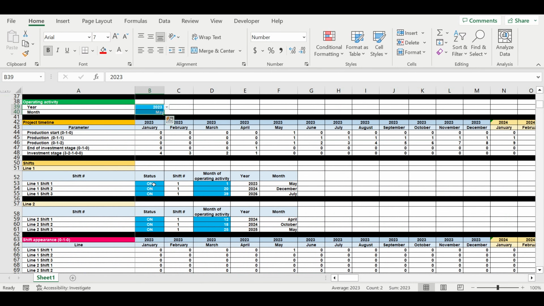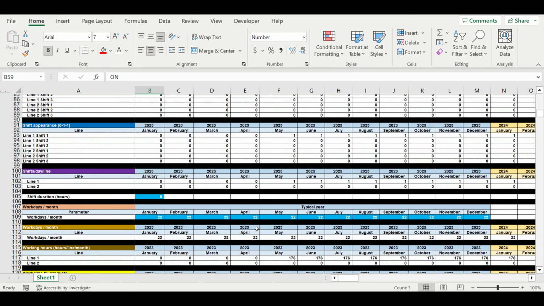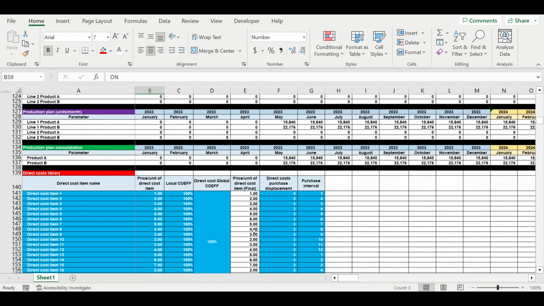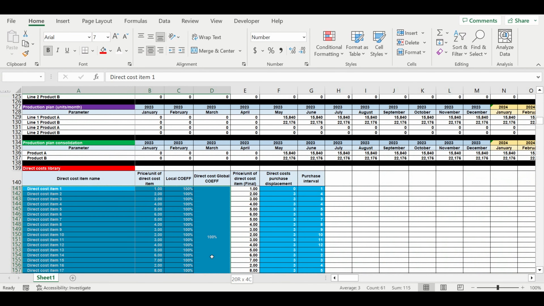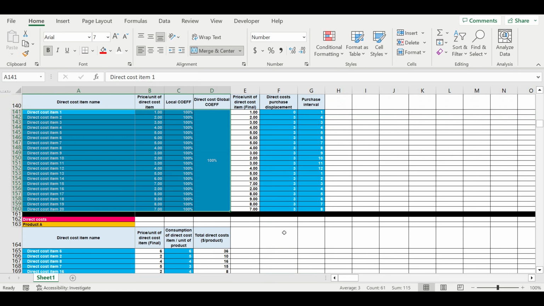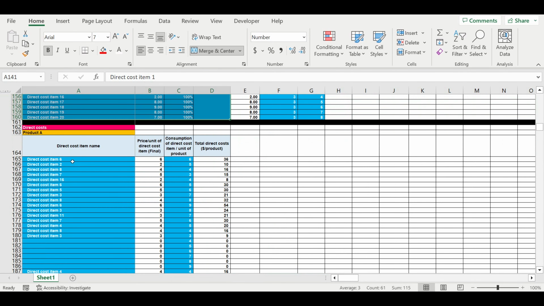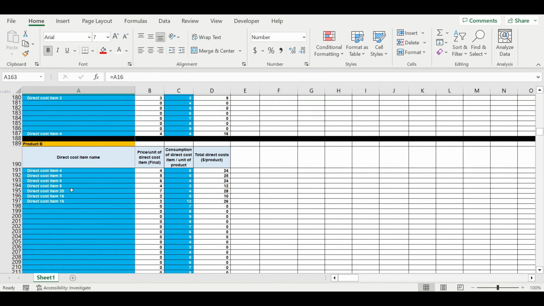Then we made an assumption that we have some shifts on manufacturing line 1 and line 2. Then we moved to raw materials. We were modeling how we purchase raw materials, and what raw materials participate in production of product A and product B.